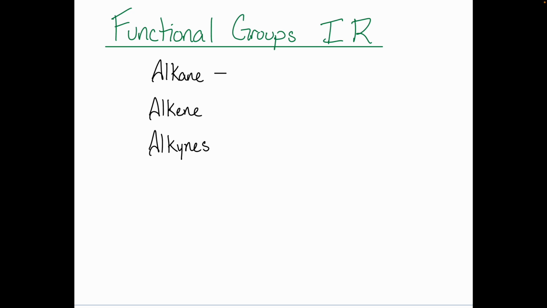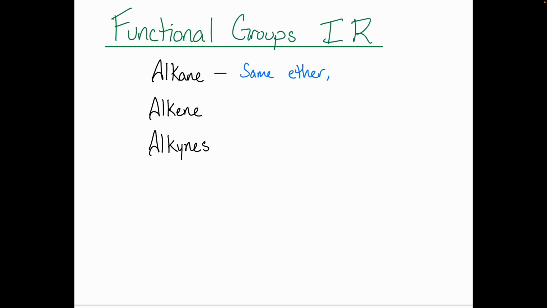So for example, this would be the same as an ether. An ether has carbon-oxygen bonds. Those don't appear anywhere but the fingerprint region, so you wouldn't see those. All right?